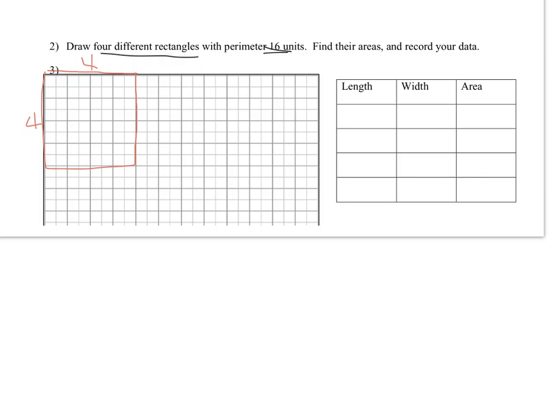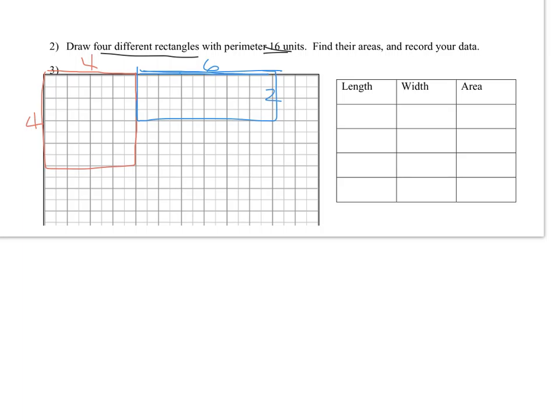So I want my perimeter to always be 16. So the next one I'm going to draw is going to be 6 by 2. So 6 and 6 is 12, 13, 14, 15, 16. This will have a perimeter of 16.